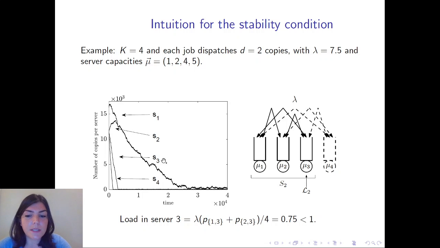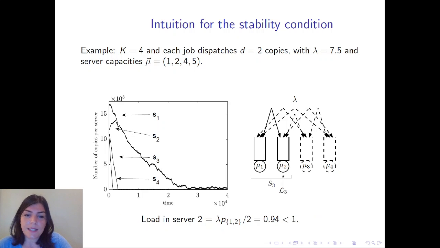So if we compute the load in this server in the subsystem only composed by servers 1, 2, and 3, we have that this is lambda times the fraction of jobs that go to server 3, composed by the jobs of type 1,2, 1,3, and 2,3, divided by the capacity of the server, and this is smaller than 1. And if we also compute the load in servers 2 and 1, we will observe that this is not smaller than 1. But let's see what happens after the time where server 3 and server 4 get empty.